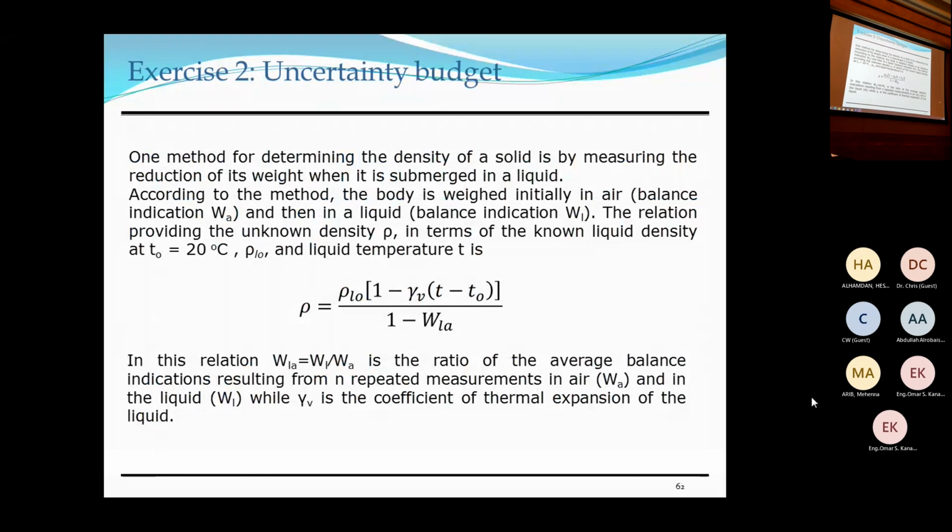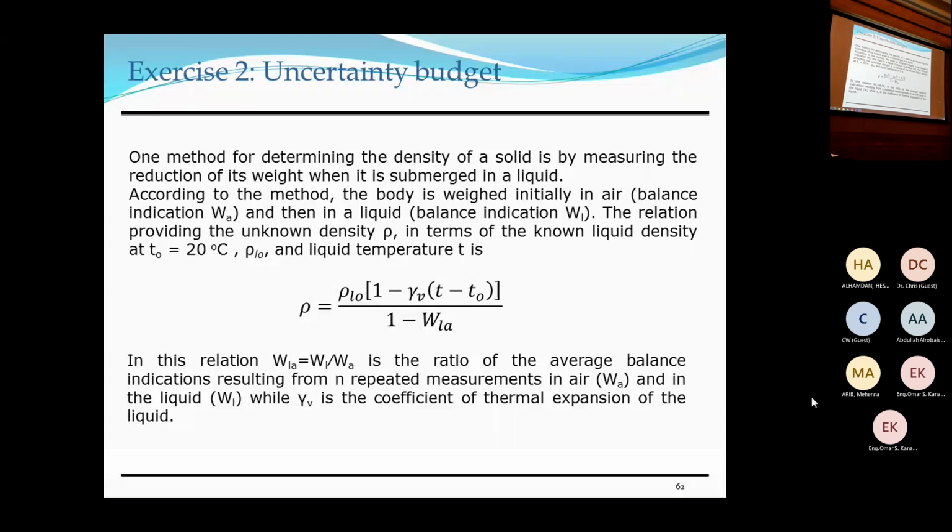So one method for determining the density of a solid is by measuring the reduction of its weight when it's submerged in a liquid. According to the method, the body is weighed initially in air. The balance indication is WA. And then in a liquid, balance indication WL. The relation providing the unknown density in terms of the known liquid density at 20 degrees is given by this expression here.